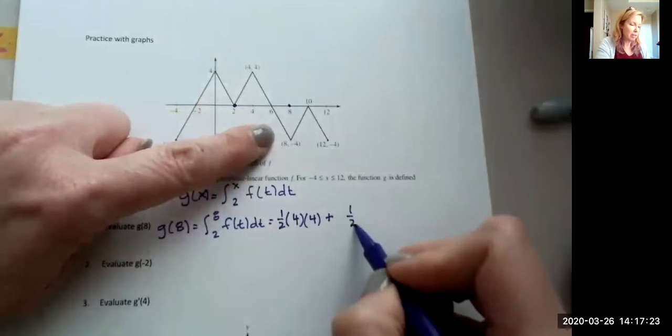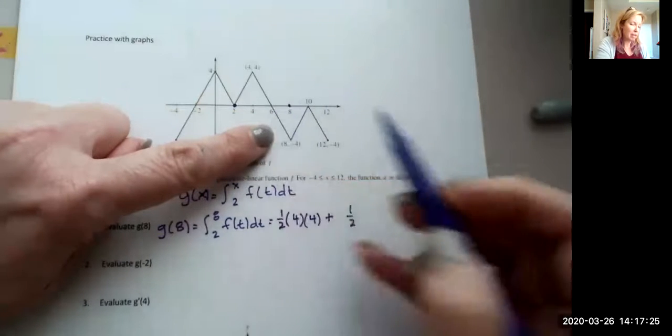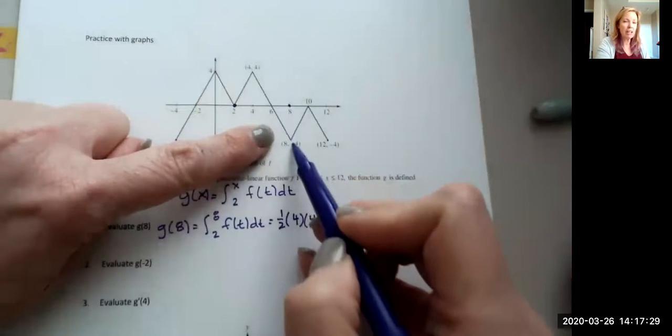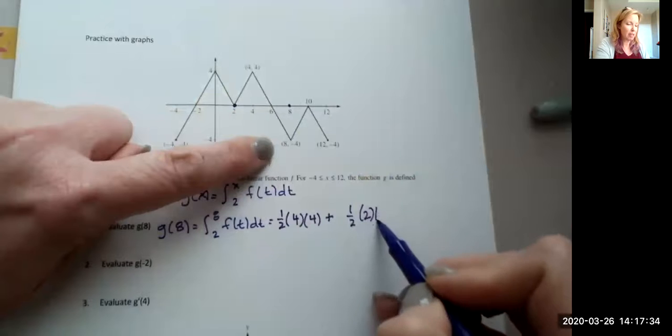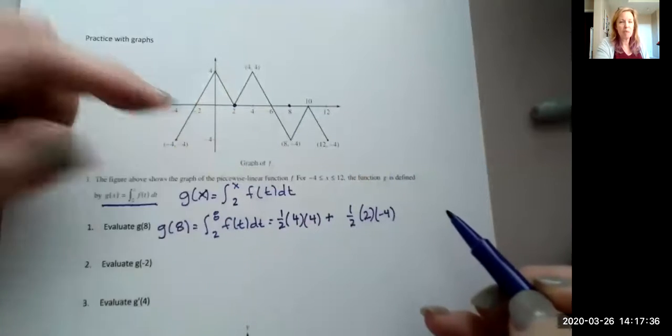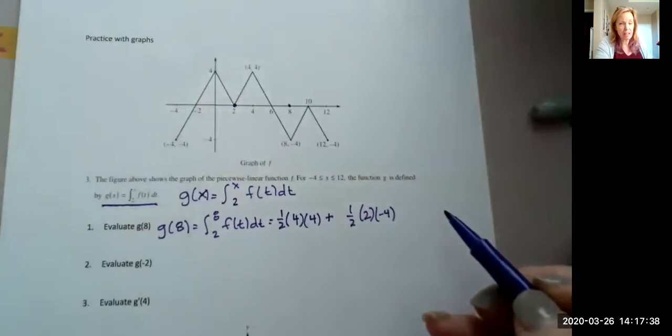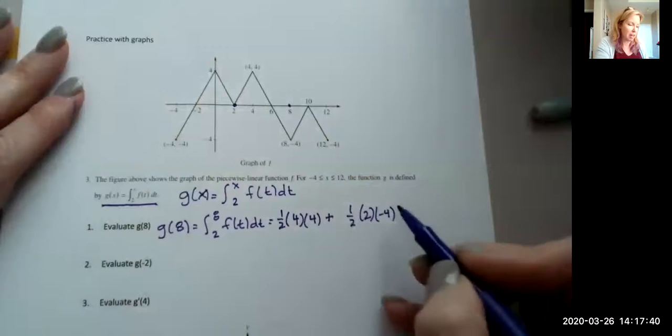So it is 1/2, the base of this triangle is 2, but this one is going below the x-axis. So instead of a 4 for the height, I'm going to put in -4, because area above the x-axis counts positive, below the x-axis counts negative.